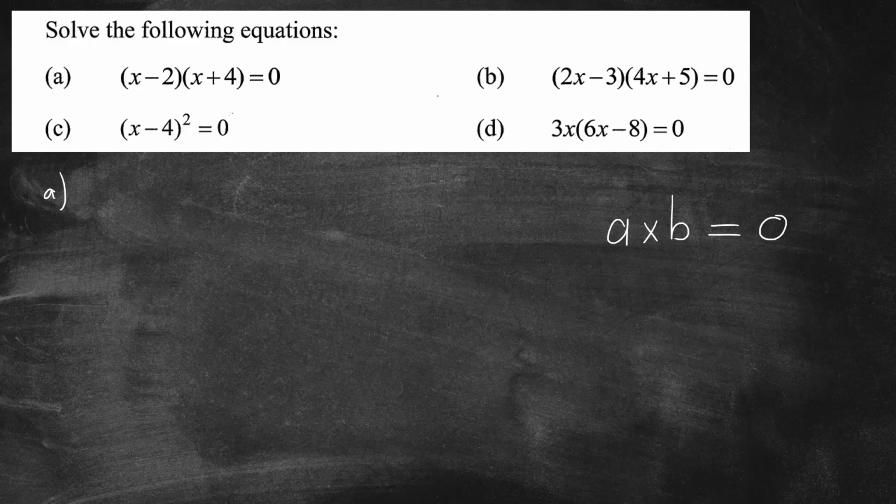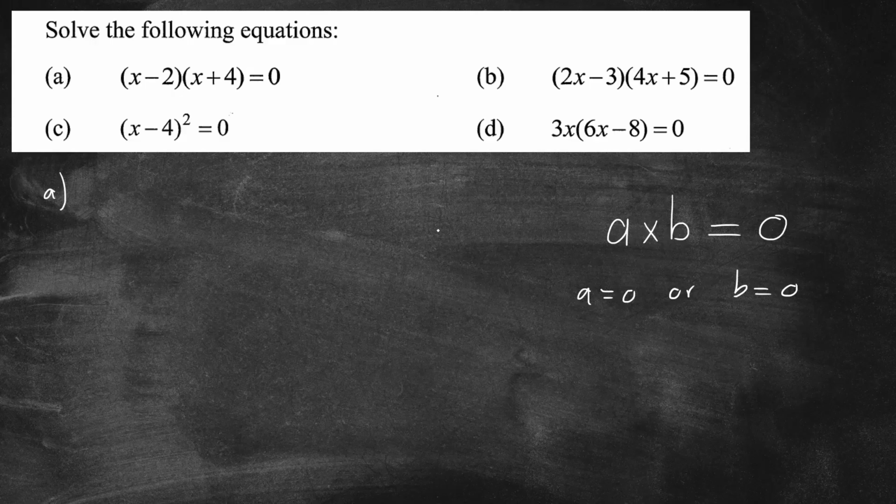You can't multiply two numbers and get 0 unless one of them is 0. So either A must be equal to 0 or B must be equal to 0.